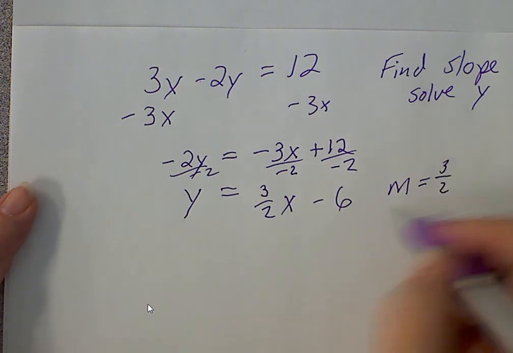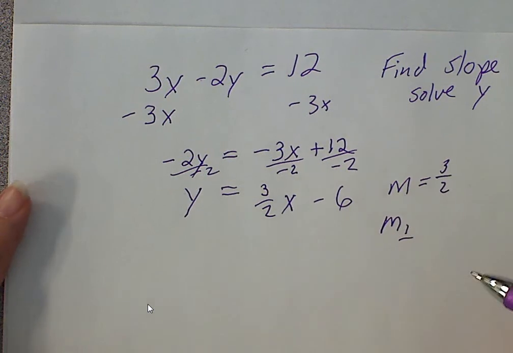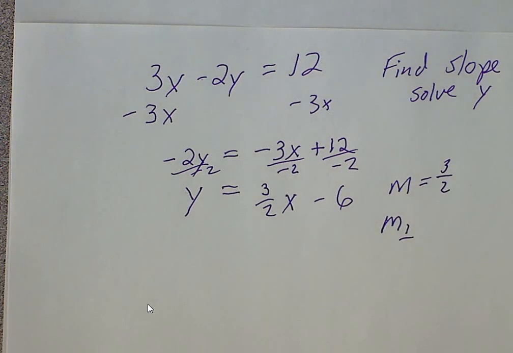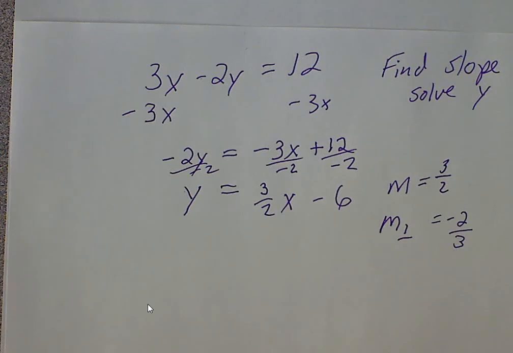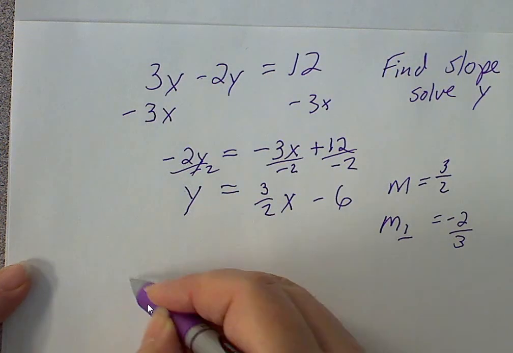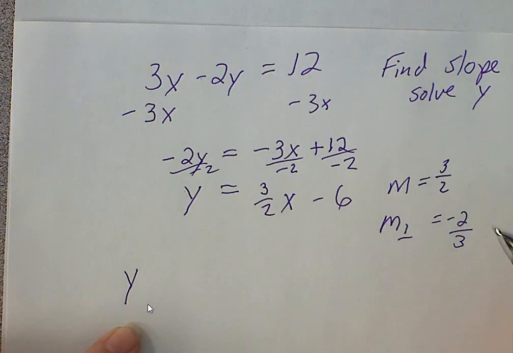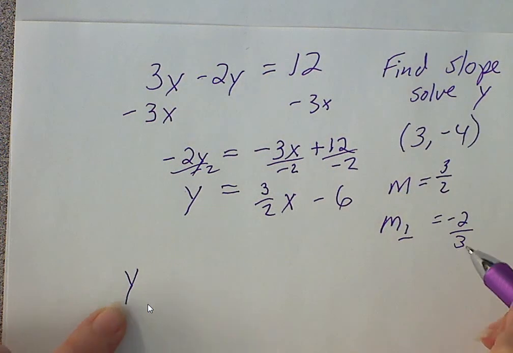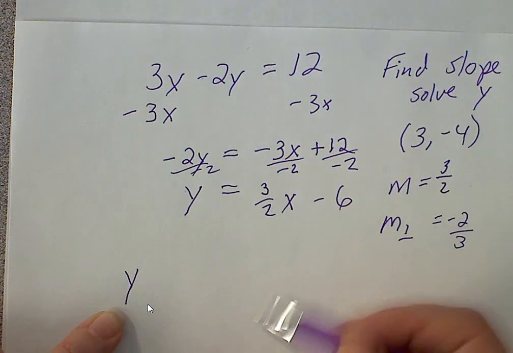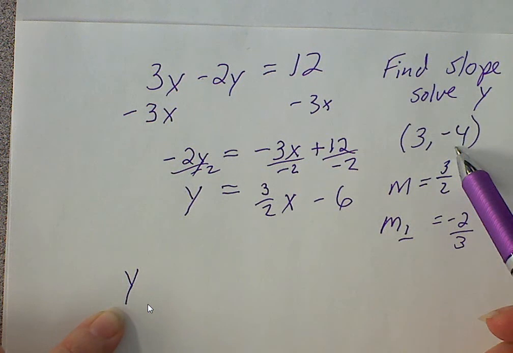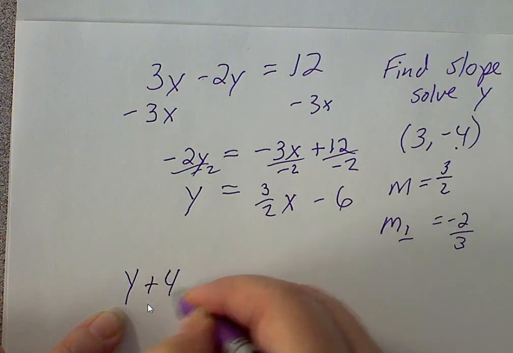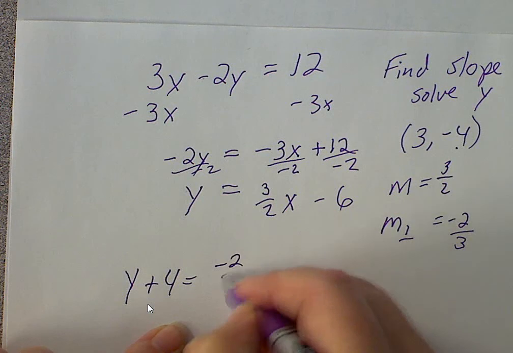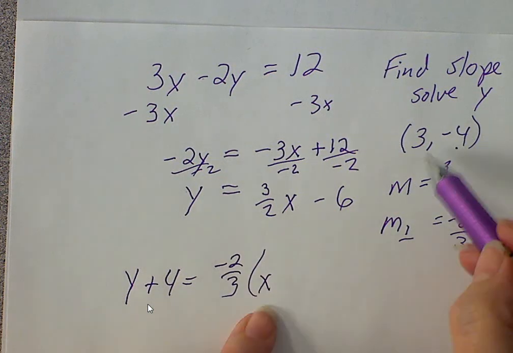My perpendicular is negative 2/3. So after you have this, we put it into the y, and what am I going to subtract? My point was 3 comma negative 4. So I have y plus 4 equals m, which is negative 2/3 x, and then minus 3.